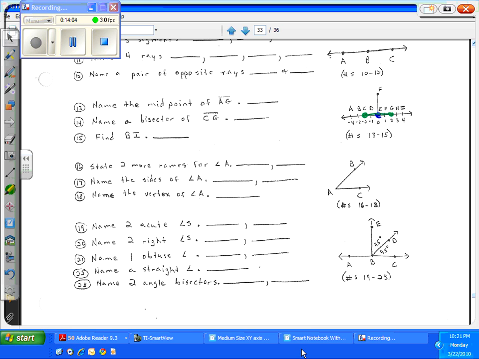So a bisector of segment CG would be an object that hits CG at its midpoint E, and the object that we see that does that is segment FE. So we could say that segment FE bisects segment CG.